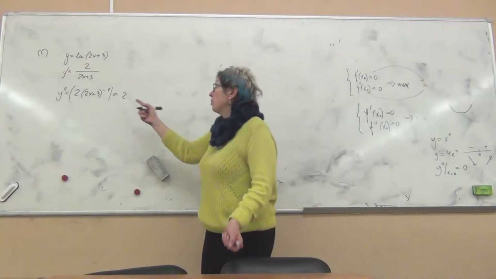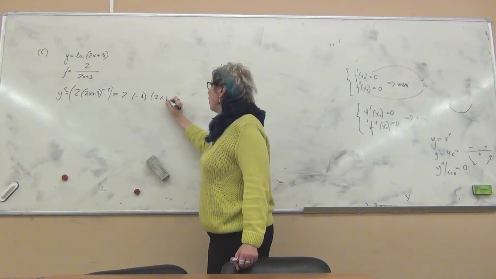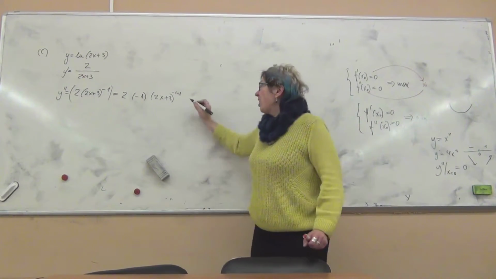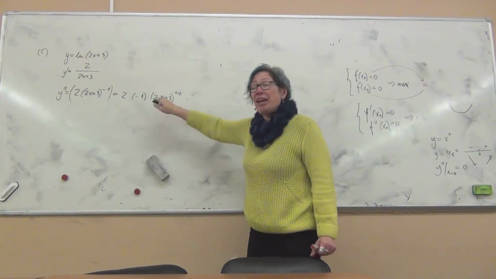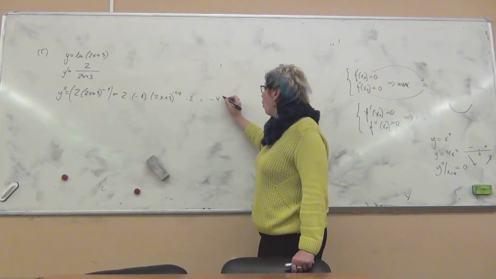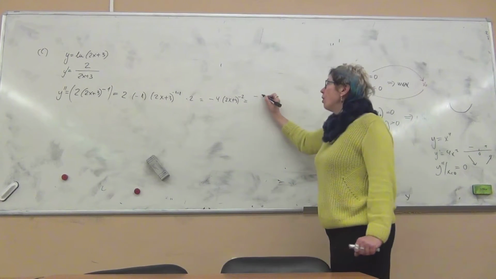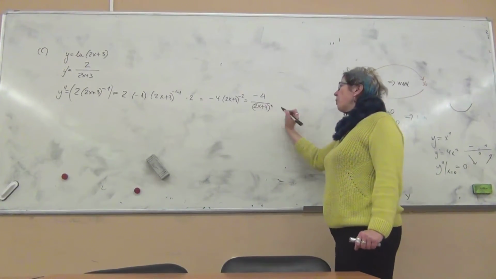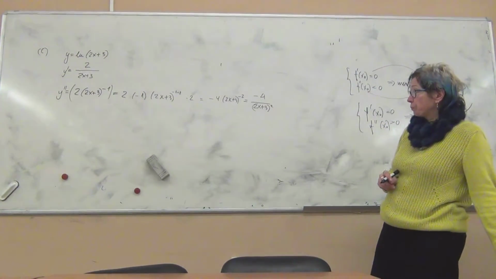It doesn't change anything. Times minus 1 times 2x plus 3 to the power of minus 1, times, chain rule, the derivative of 2x plus 3 again, 2. So now we have minus 4 times 2x plus 3 to the power of minus 2, or minus 4 over 2x plus 3 squared. Remember the meaning of the negative exponent.